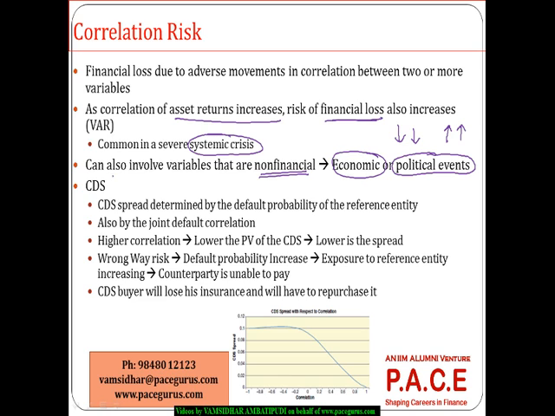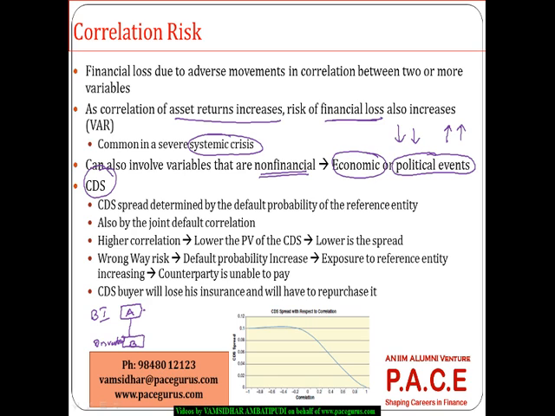Then, just as a simple example, let's look at the credit default swap. Now, we know that in a credit default swap, let's say A has issued a bond, right? So bond issuer A has issued a bond and B has invested in that particular bond. Now for B, the risk is A will default.